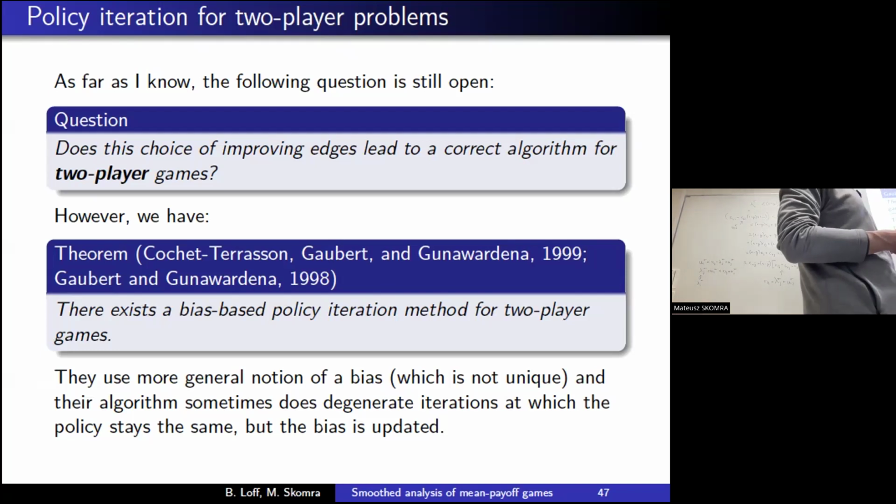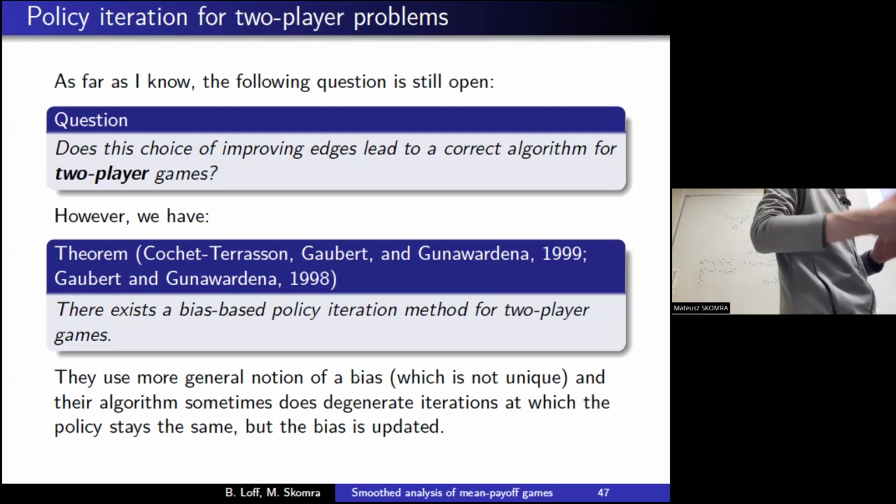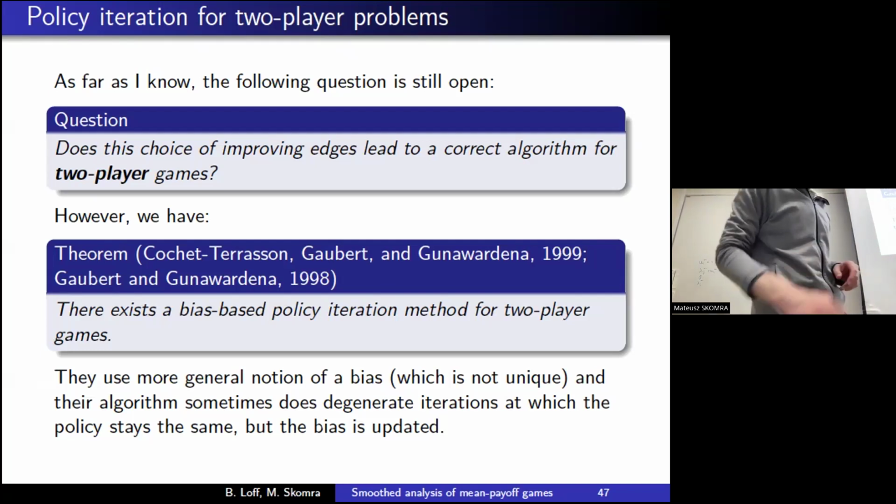And in their algorithm, they have some degenerate iterations also, when you don't improve the policy and you just say, well, my bias is wrong, so I will stay with the same policy, but I will go from one bias to another bias. Somehow this allows the algorithm to eventually break out from this policy and improve. So there are some degenerate iterations in the algorithm. But this can be done.